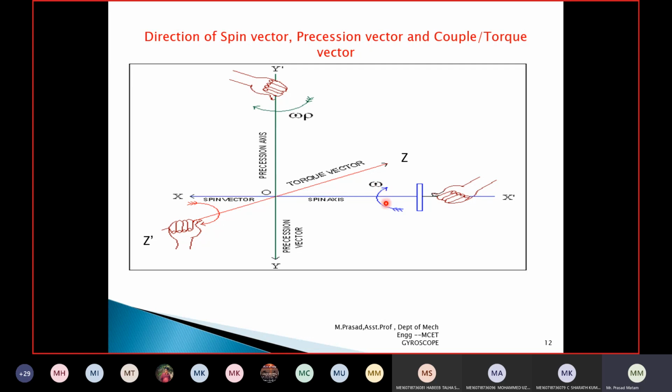Is this clockwise or anti-clockwise? Please answer anyone. Roll number 5, please respond. Clockwise? Is it clockwise or anti-clockwise? No, it is anti-clockwise.